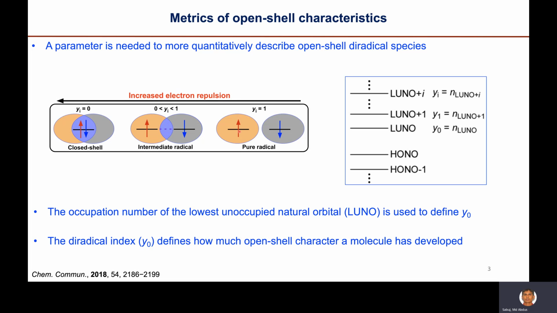In a pure diradical, the LUNO occupancies are close to 1, describing a perfectly uncoupled electron pair and obviously a reduced Coulomb repulsion than the closed shell configuration. In the intermediate diradicaloid situation, the diradical index varies between 0 and 1, with a reduced electron coupling and Coulomb repulsion than the closed shell molecule.